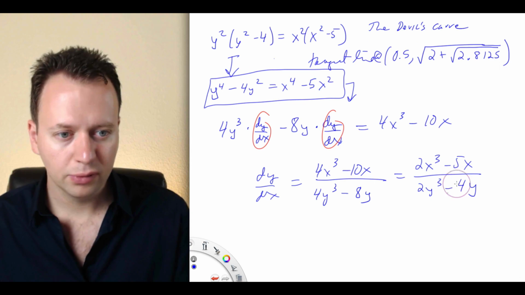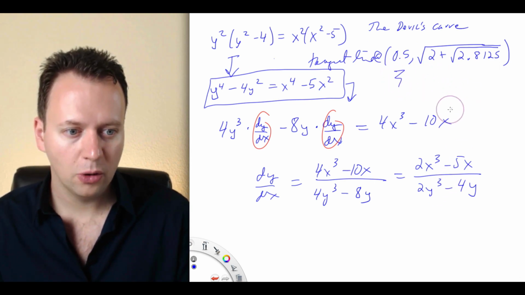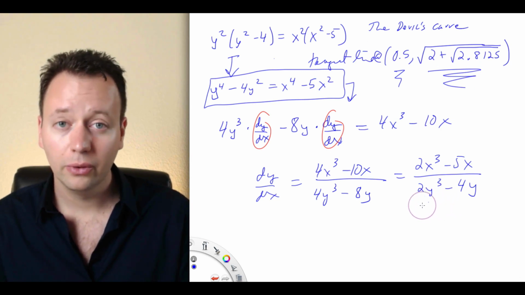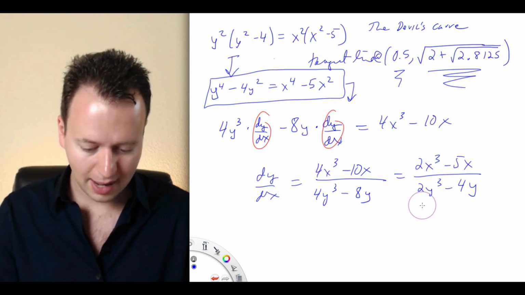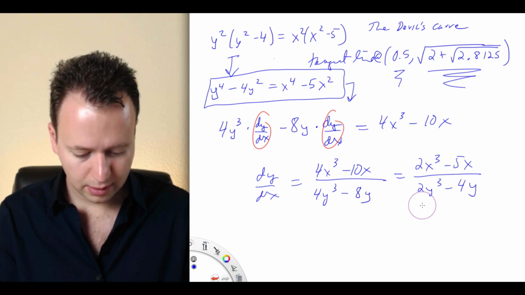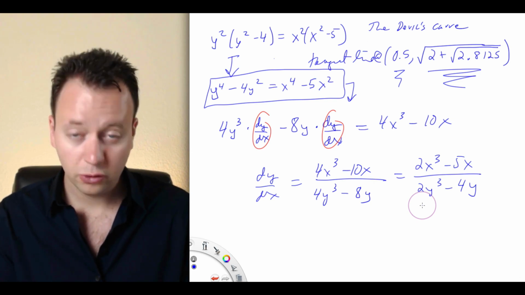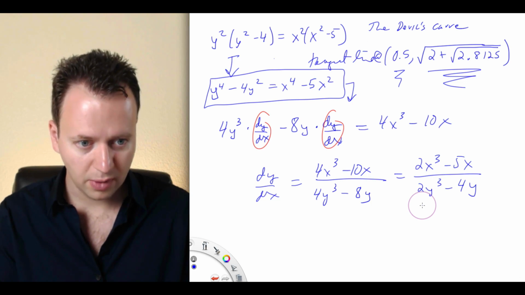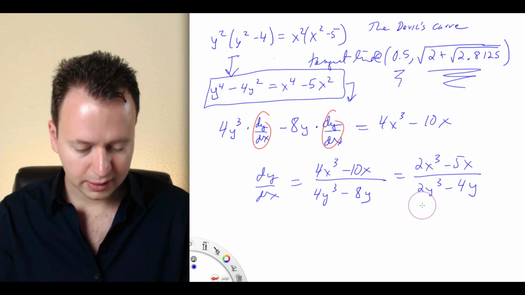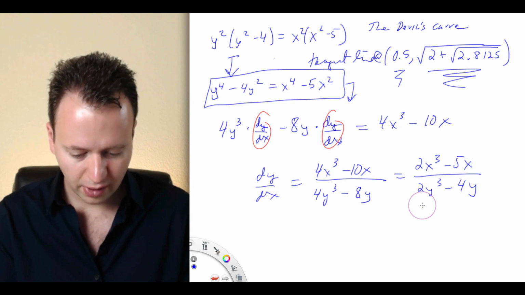And then we can plug in 0.5 for x and this thing for y, which I dare not write an analytical expression for, I'll just type this in. So 1/2 cubed times 2 minus 5 times 1/2 is negative 2.25 in the numerator. I'll store that in memory. And then let's also store the y value, 2 plus the square root of 2.8125, and take the square root.